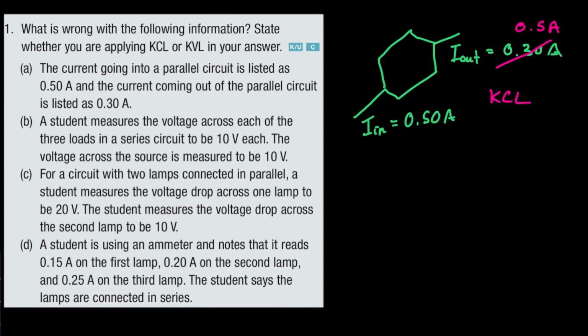Part B, a student measures the voltage across each of the three loads in a series circuit to be 10 volts each. The voltage across the source is measured to be 10 volts. So we have a circuit connected in series, and there are three loads.